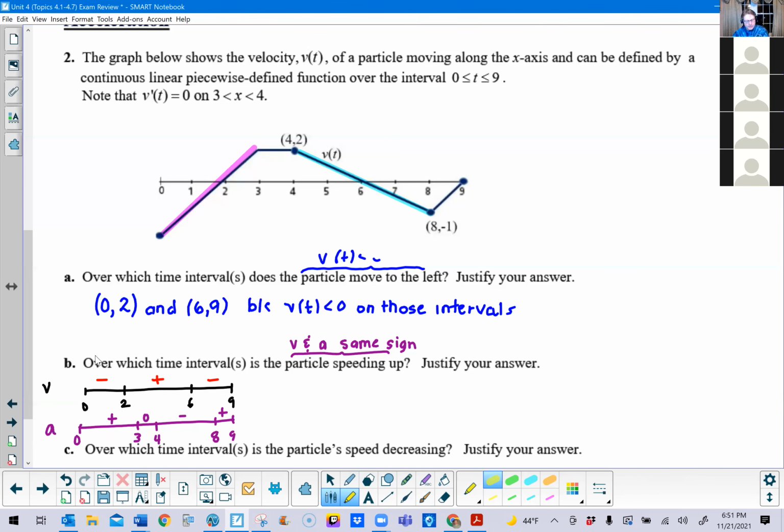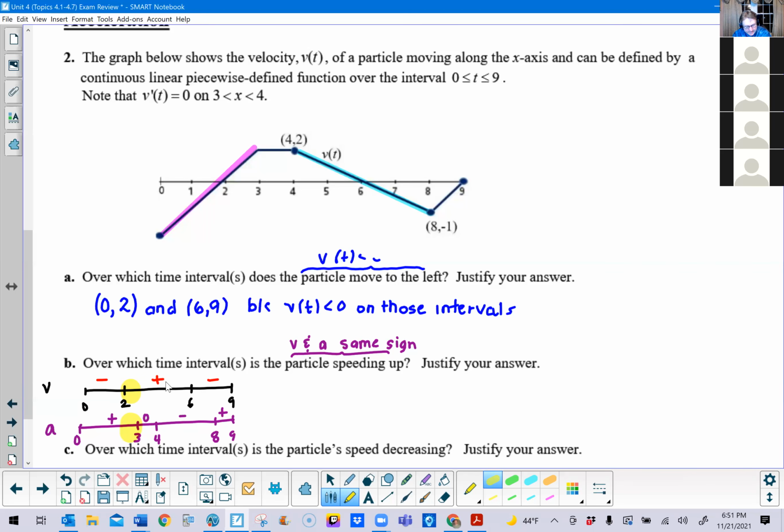I could actually use the magic of the Smart Notebook software, and I could put these number lines on top of each other, but I know that you can't do that. So what I'll do is fill in what I feel to be those overlaps, and that would be right here, 2 to 3. From 2 to 3, we're plus up here and we're plus down there. And then from 3 to 4, acceleration is 0, so that's not going to work.